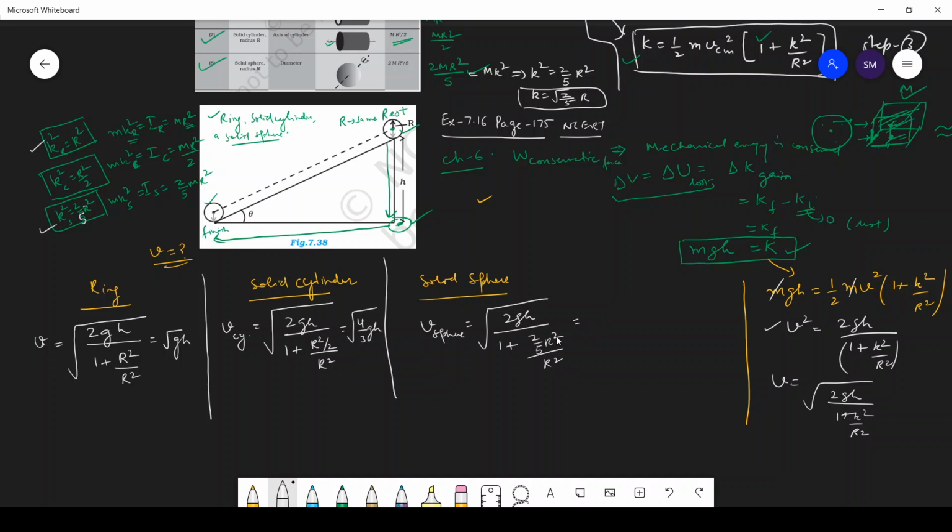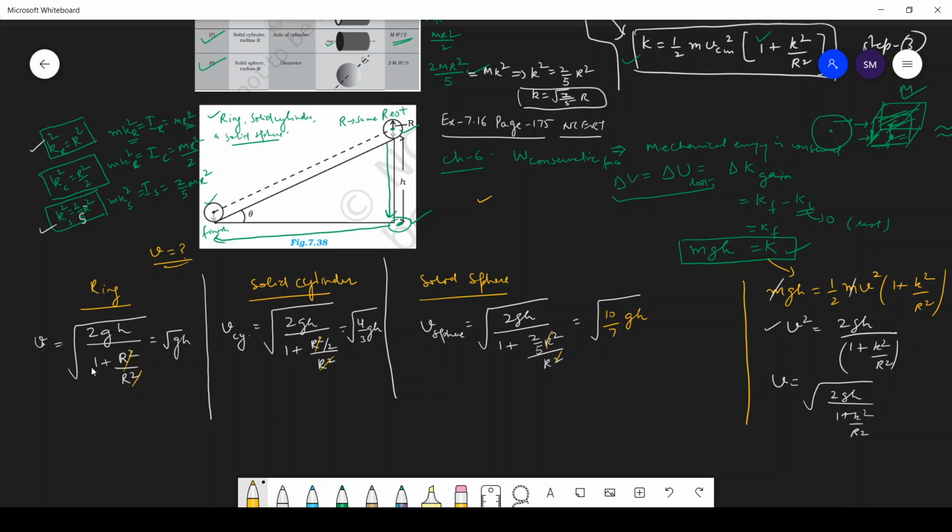So r square will cancel out, like in this case, and 1 plus 2 by 5 is 7 by 5, and reciprocal of it is 5 by 7. So 5 multiplied by 2 is 10 by 7 gh.